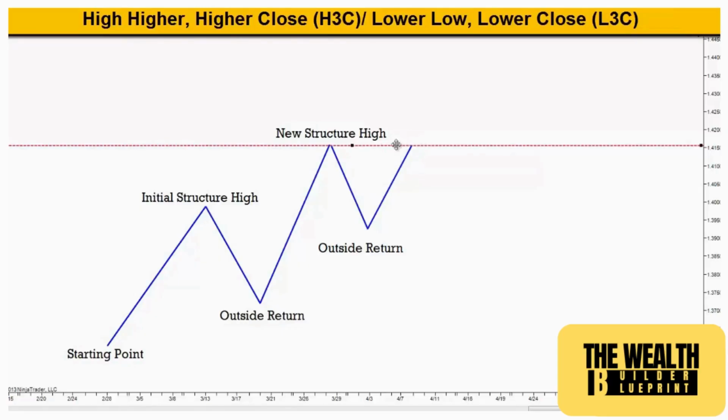So as soon as we look left, find our previous structure high, as soon as we get that higher high, higher close at this level, we can safely say that we're still in a bullish continuation pattern.